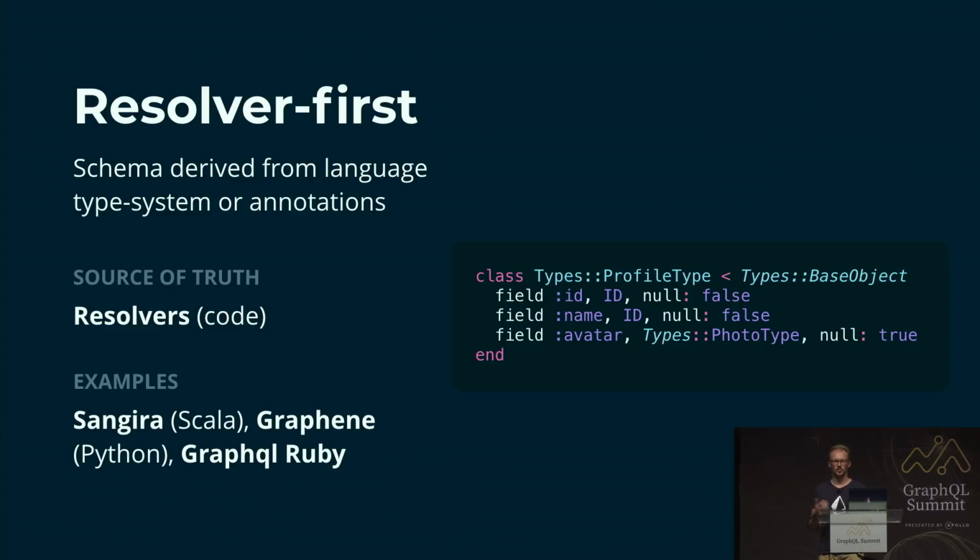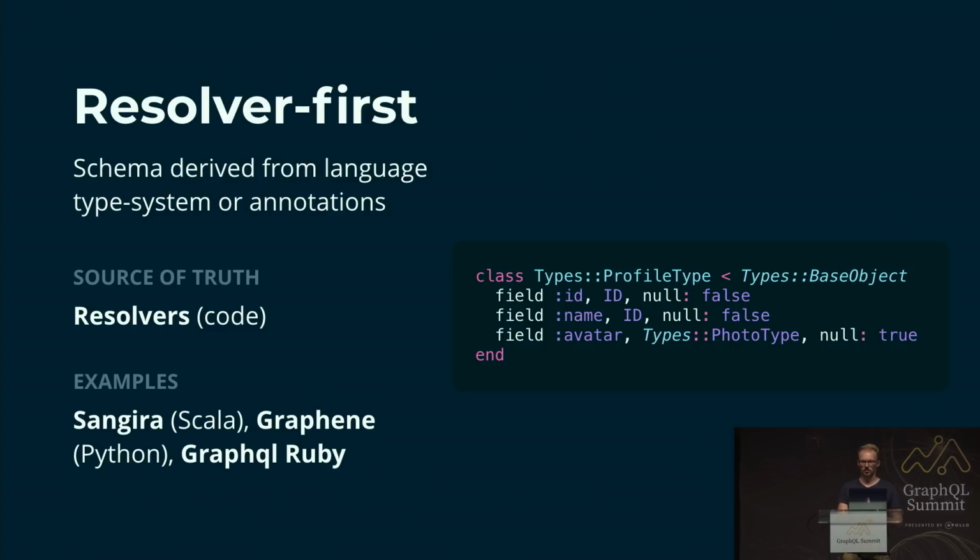The idea here is that you define your entire GraphQL schema just in your own code, like in Ruby or Scala, and based on how you're defining your resolvers, you derive the GraphQL schema from that based on introspection. So your resolver code is the source of truth.